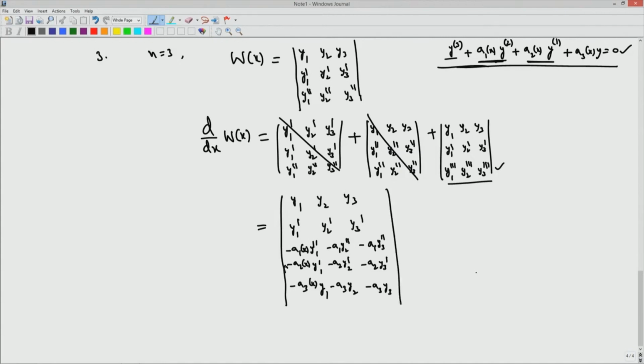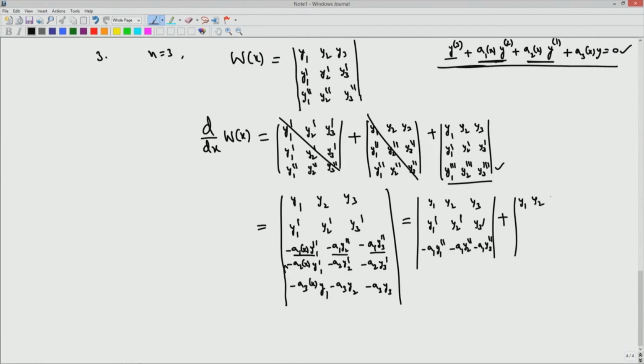So this is equal to, you can split this into 3 determinants. One is y1 y2 y3, y1 dash y2 dash y3 dash, and this is going to be minus a1x y1 double dash, minus a1 y2 double dash, minus a1 y3 double dash. So each of this, one here, one here, one here, and then the rest is the same.